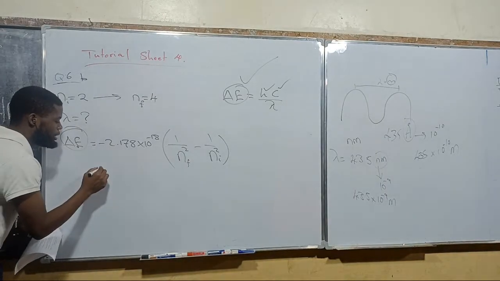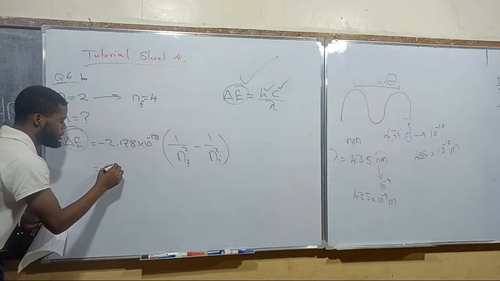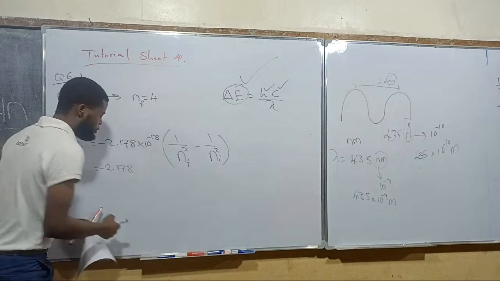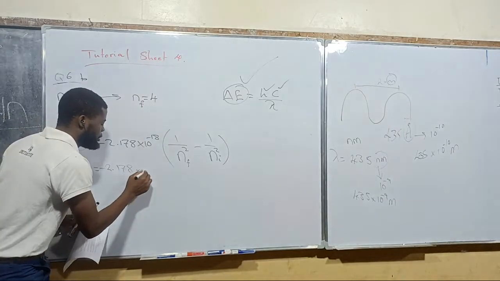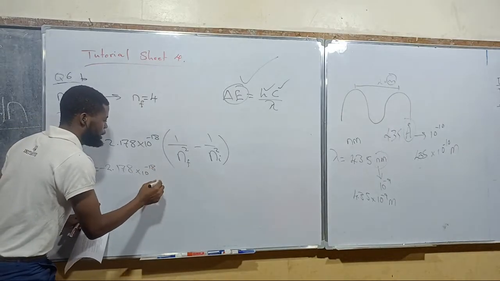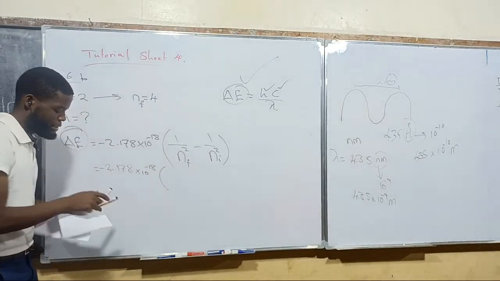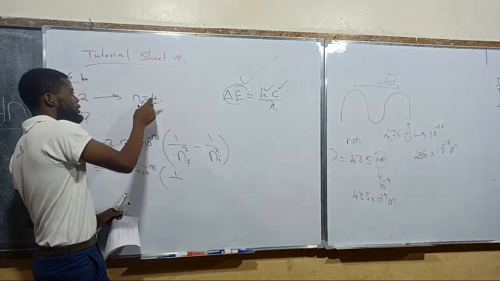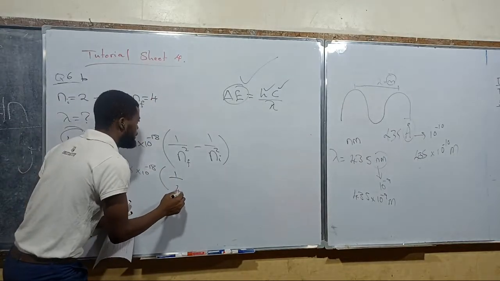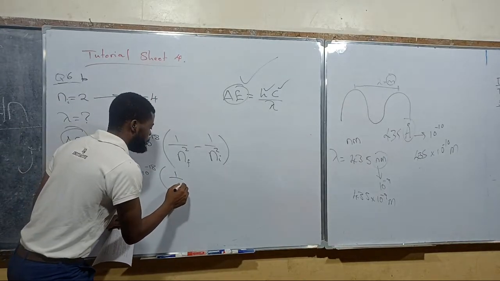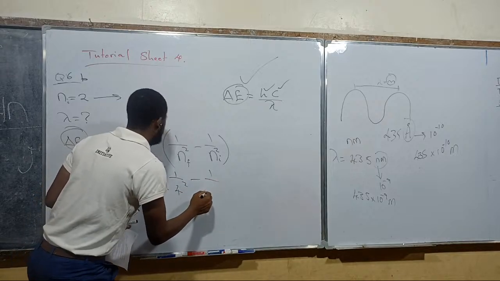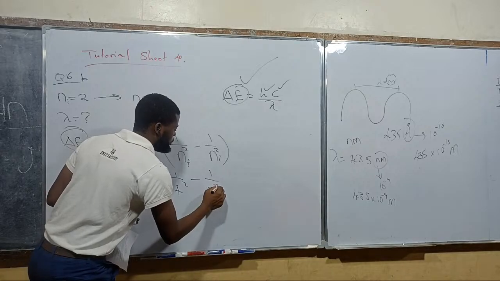So the change in energy is equal to 2.178 times 10 to the power negative 18, open brackets, 1 over the final, which is 4 squared, minus 1 over the initial, which is just 2 squared.